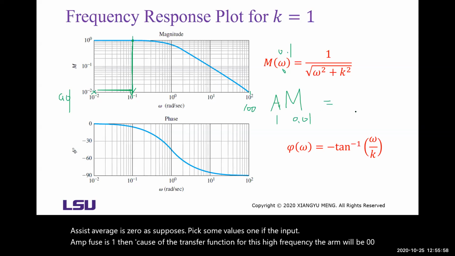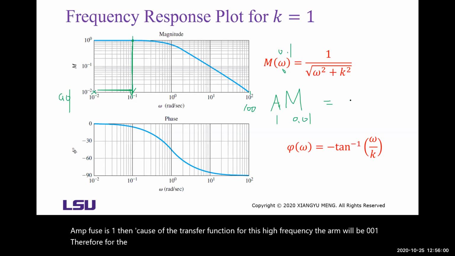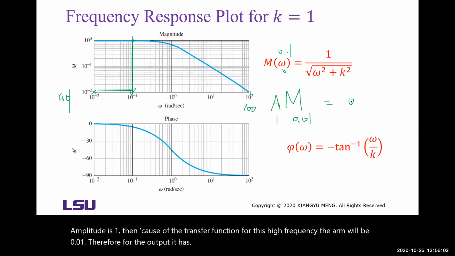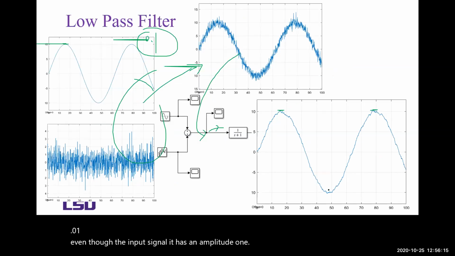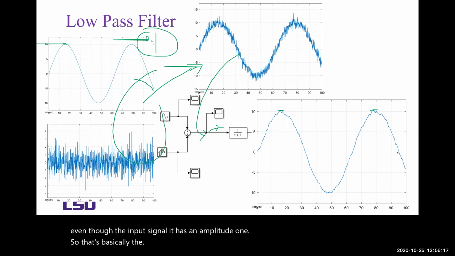Therefore, the output has an amplitude of 0.01, even though the input signal has an amplitude of 1. So that's basically the principle of signal processing. As I told you before, if you understand control, you can understand lots of things.